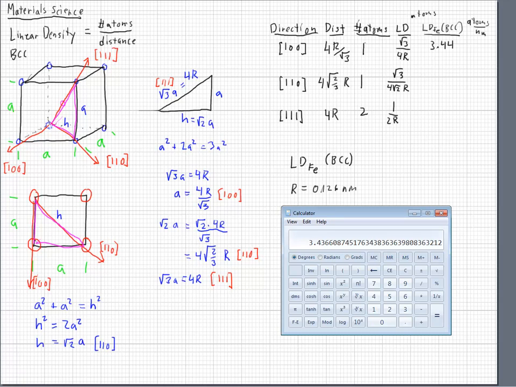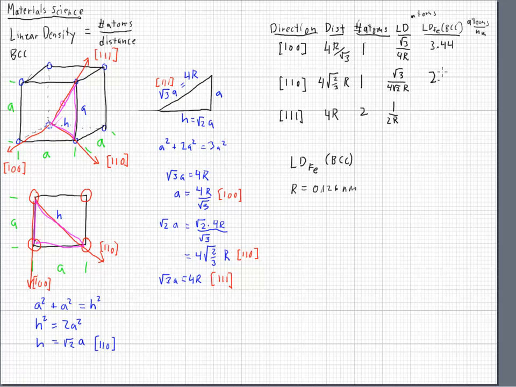Then we'll do the same thing, clear this, and take the square root of 3, divide by 4 times square root of 2, and that's what would be for any of the BCCs, and then divide by the radius of the iron atom.